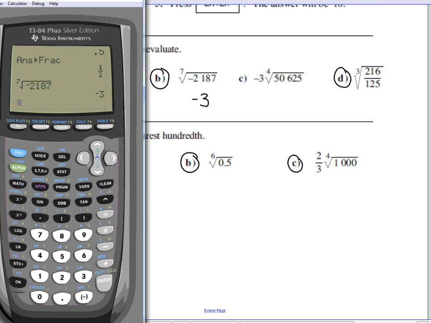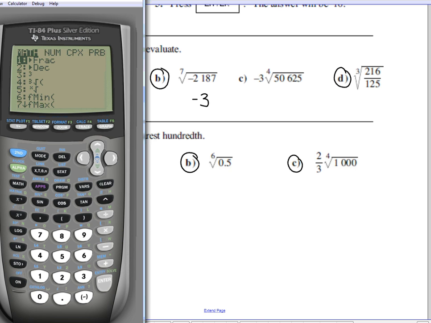Now some of you, when you type in this next one, the cubic root of 216 over 125, so math, number 4, some of you would need to put brackets around 216 divided by 125 if you're using a scientific calculator, because with BEDMAS, we don't want to just cubic root 216. It's this whole fraction.